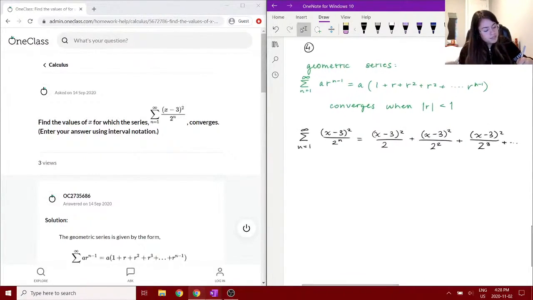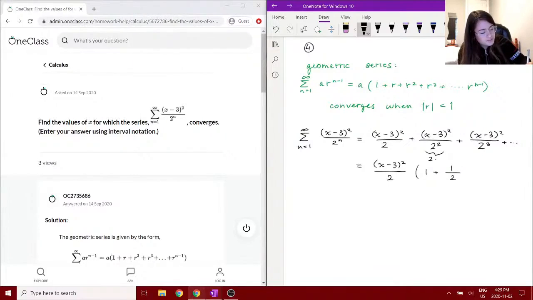So we can see that we can take out something common between all of these. The (x minus 3) squared is common between all of these, but it also has 2 in the denominator, which we can also take out. And then we are left with 1 plus 1 over 2, because of course 2 squared is just 2 times 2, and 2 cubed is just 2 times 2 times 2.